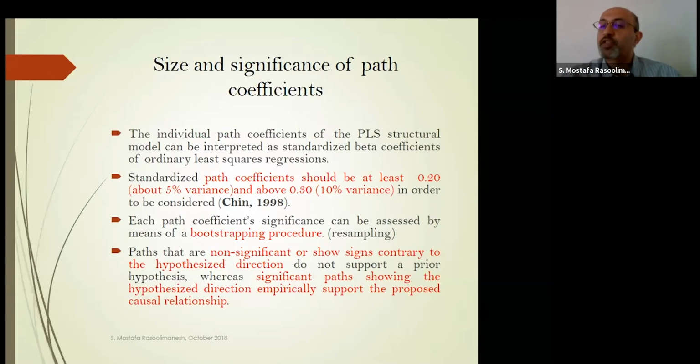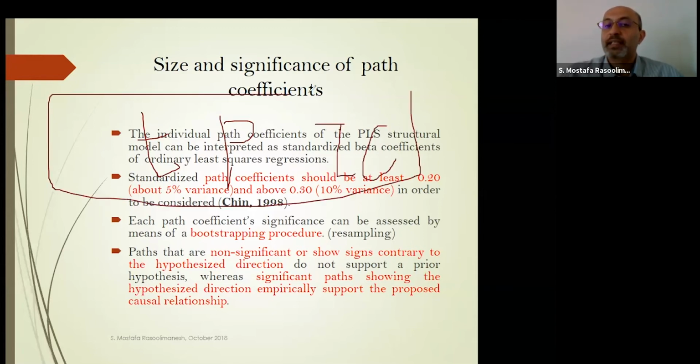If the path coefficient or beta coefficient is significant using t-value, p-value, or confidence interval, we can conclude this path coefficient is significant, so the effect of x1 on y is a significant effect.